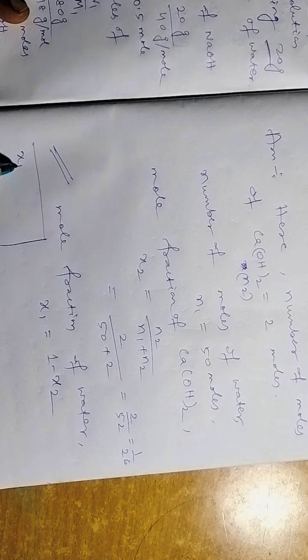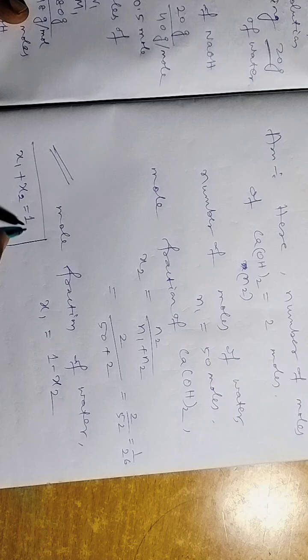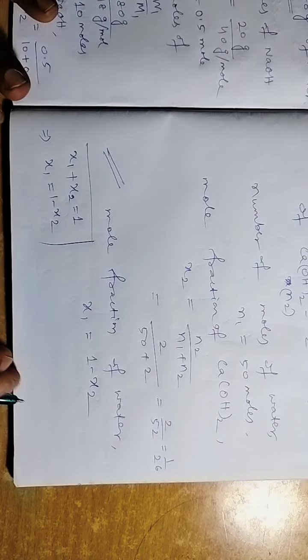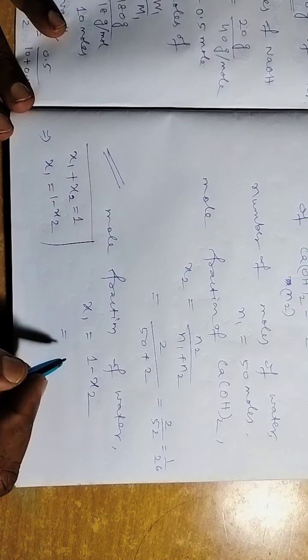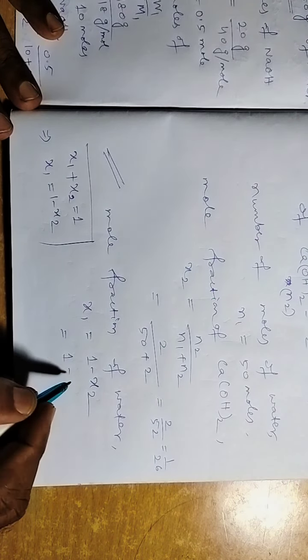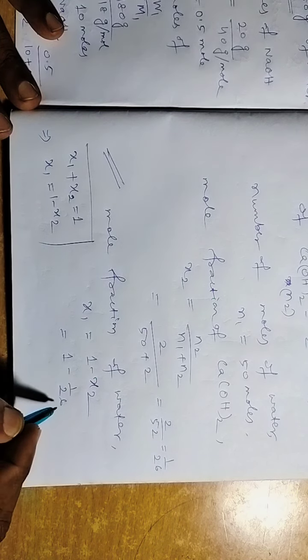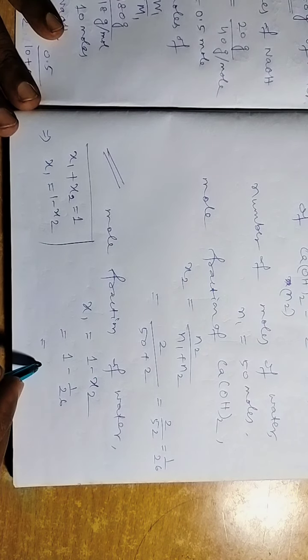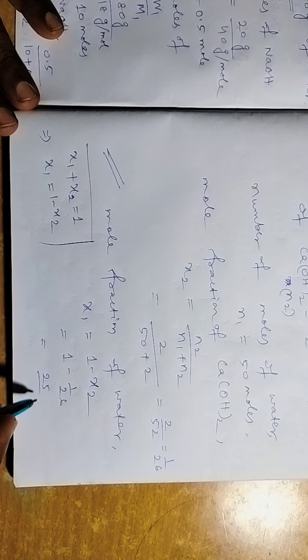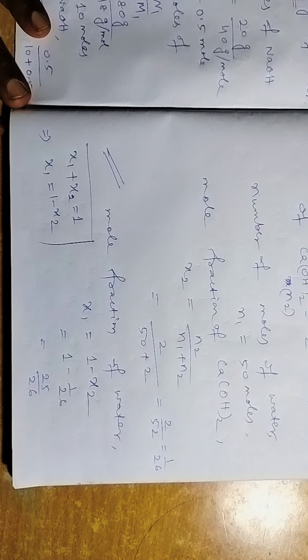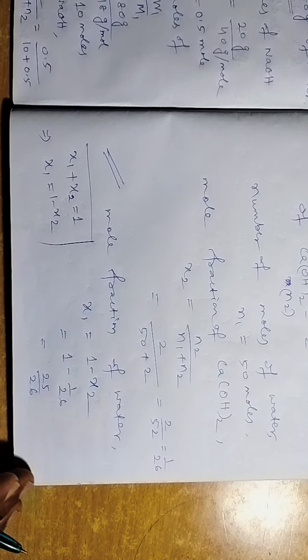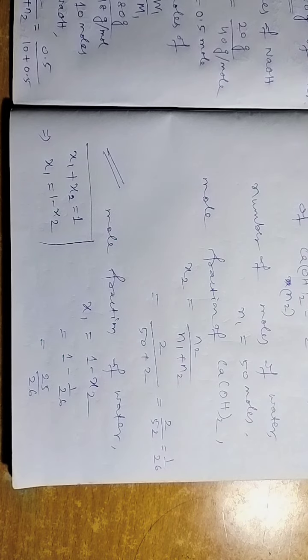So it is a binary solution containing two components, x1 + x2 = 1. That's why x1 = 1 - x2. So we can put the value of x2 here, 1 minus 1 by 26. That gives 25 by 26. We can convert this into decimals.